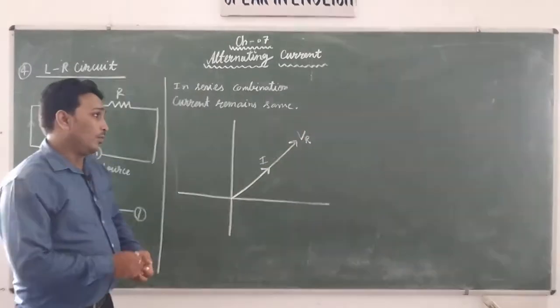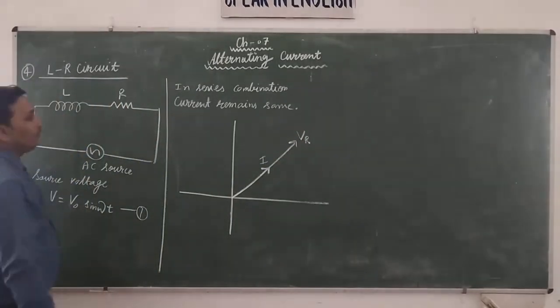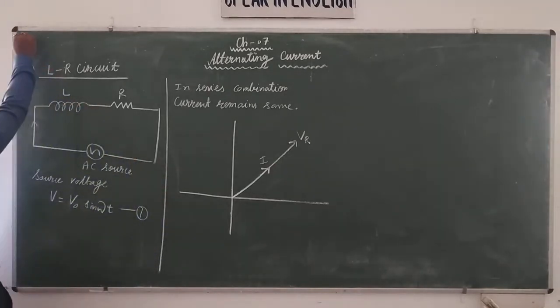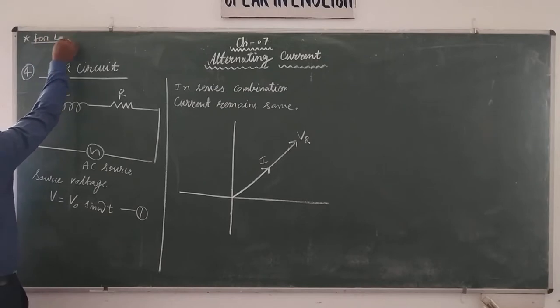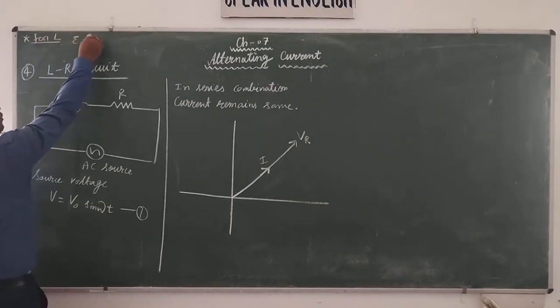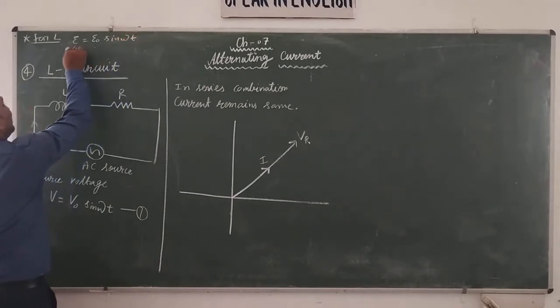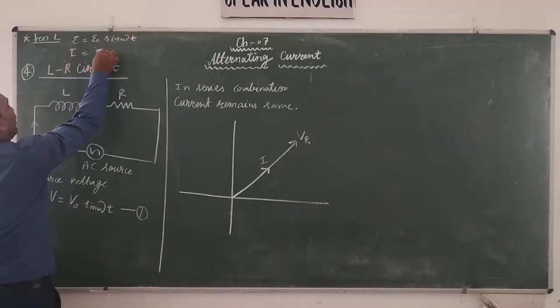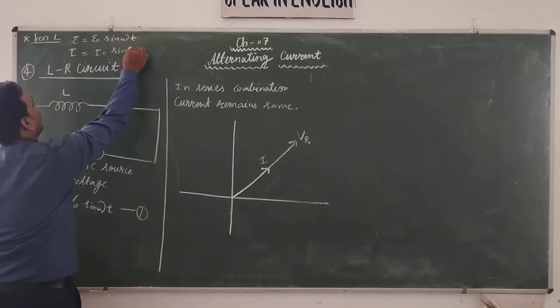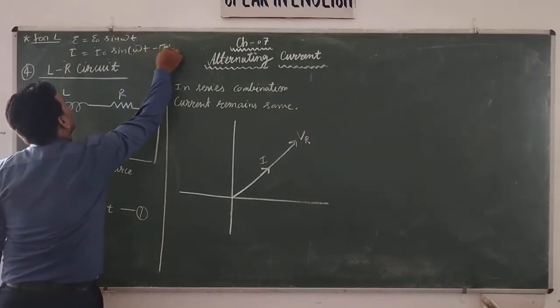But for inductor, if you remember, just I have told you also, for L, if EMF was E0 sin omega t, then current was I0 sin omega t minus pi by 2.